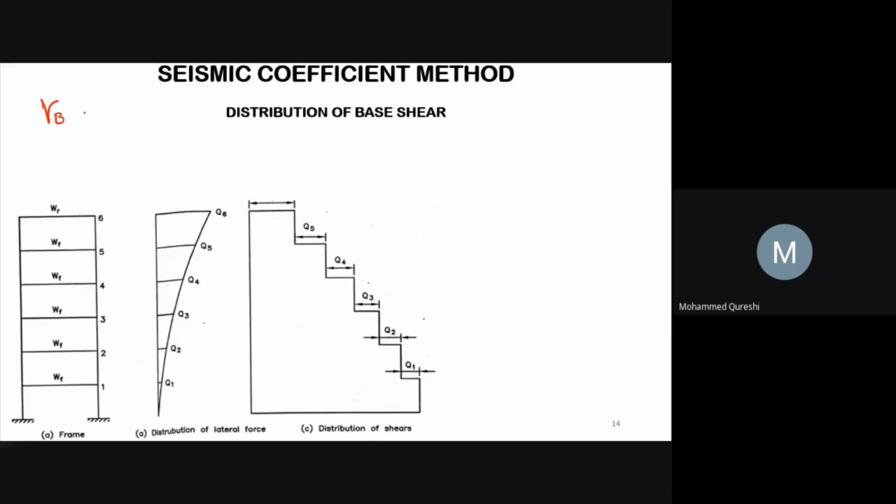So, the shear force at any level depends on the mass of that level. Remember this thing. The shear force at any level depends on the mass of that particular level and the deformed shape of the structure.